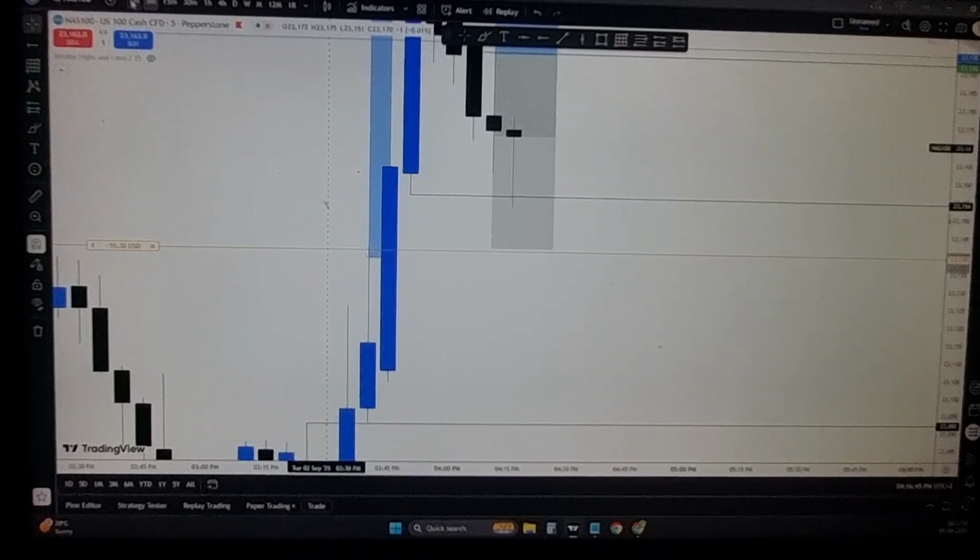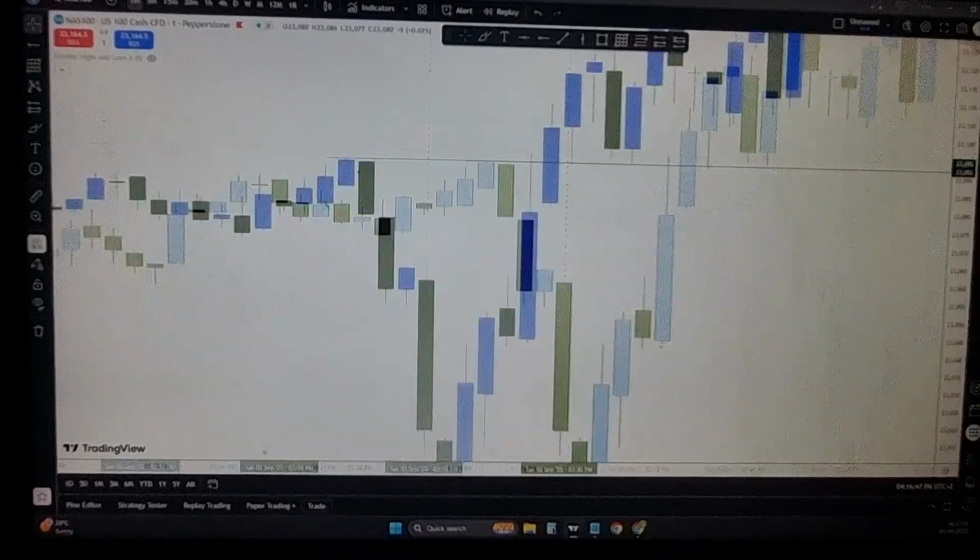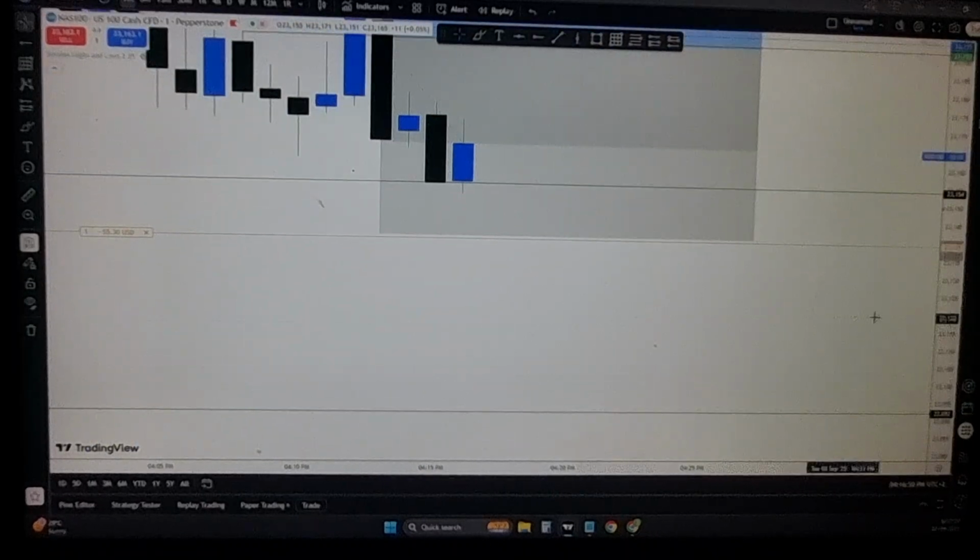We are seeing buying pressure out of that 5 minute fair value gap.